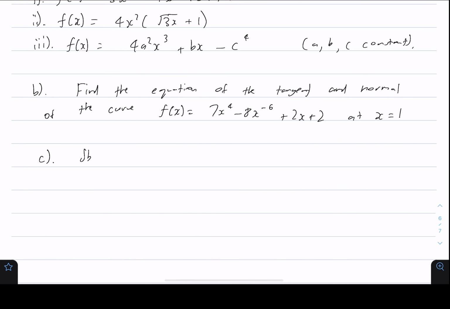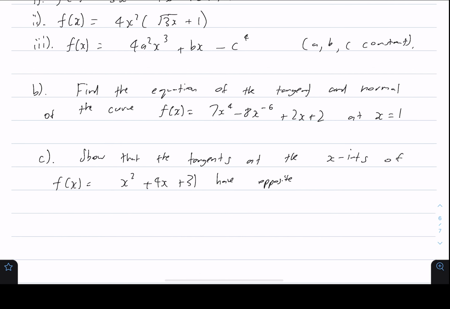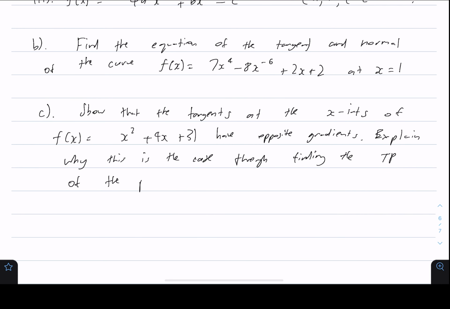Part C, show that the tangents at the x-intercepts of f of x equals x squared plus 4x plus 31 have opposite gradients. Explain why this is the case through finding the turning point of the parabola.